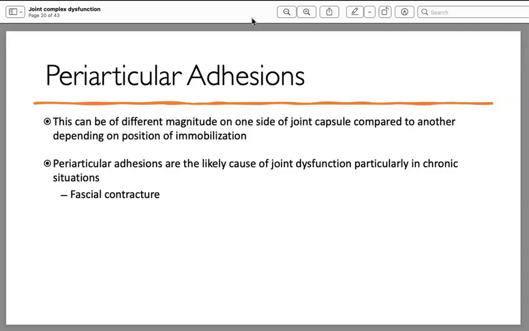These types of adhesions, these surrounding tissue structures, are a likely cause of joint dysfunction, particularly in different types of chronic situations. The example here is fascial contracture, but we can also think of muscular spasms leading to overuse or disuse, so you end up developing different types of adhesions within those tissues.